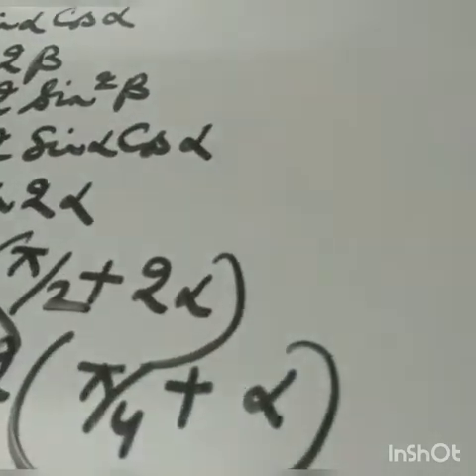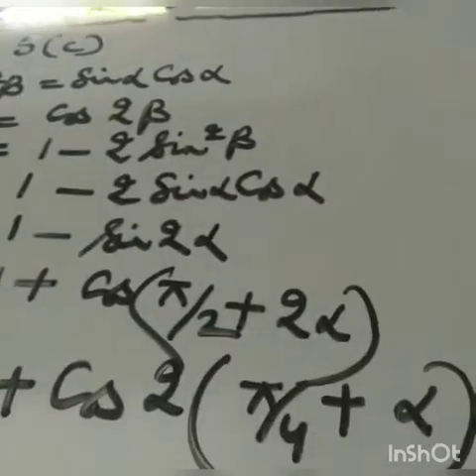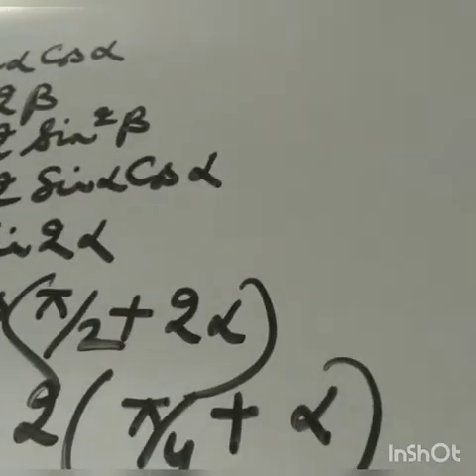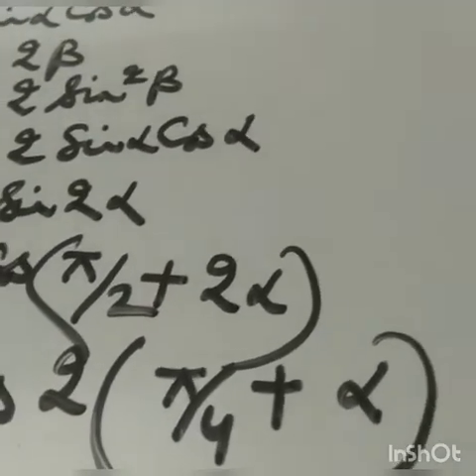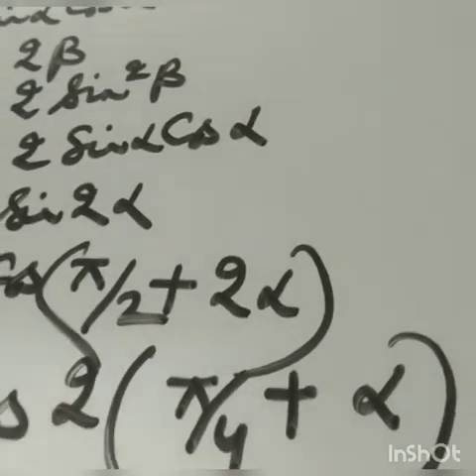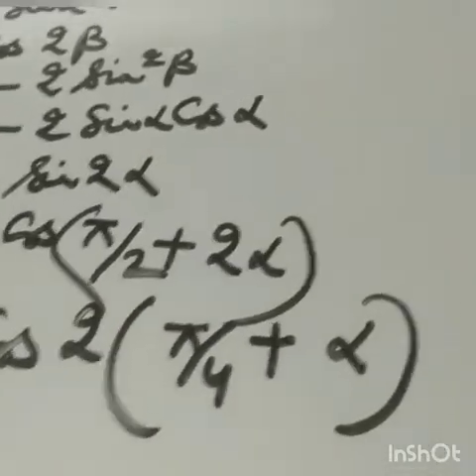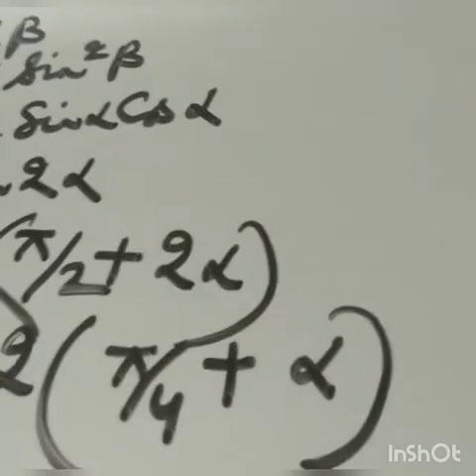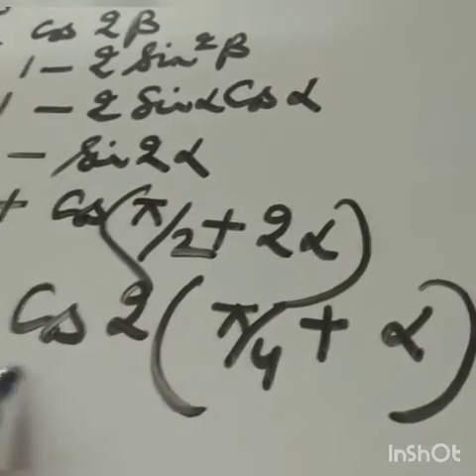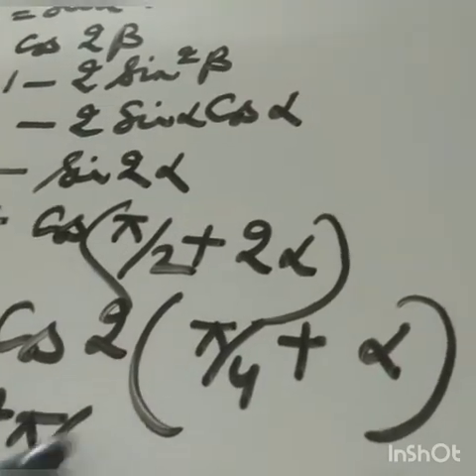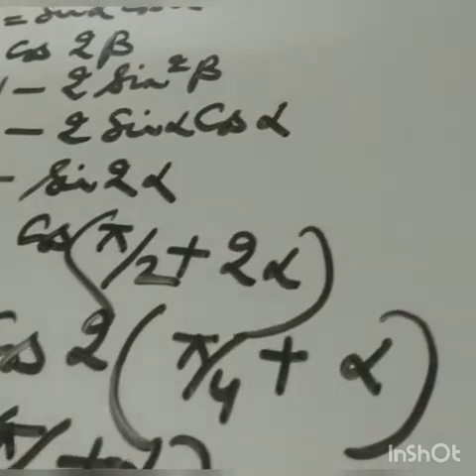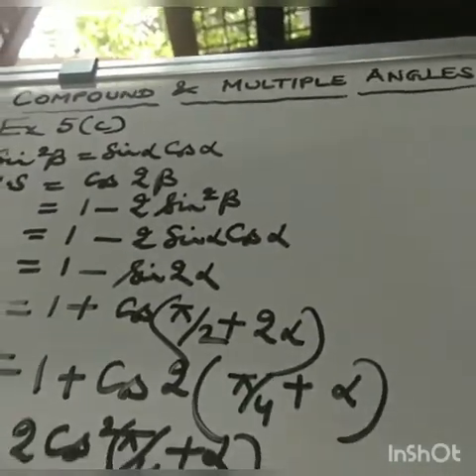I can write like this. I hope it is clear. 1 plus cos 2 pi by 4 plus alpha. And 1 plus cos 2 theta is equal to 2 cos square pi by 4 plus alpha, which is your required right hand side.